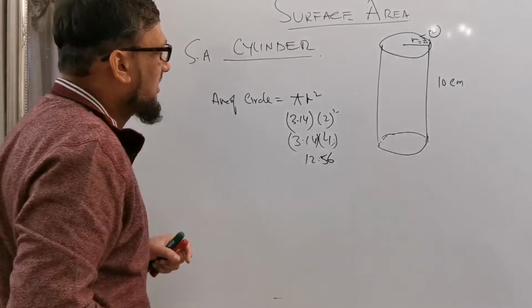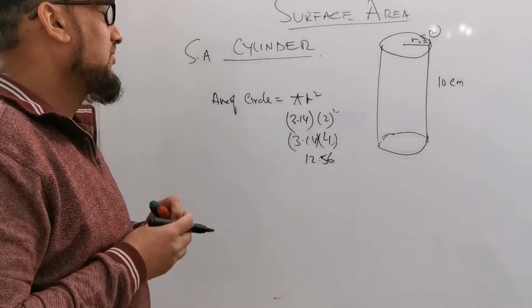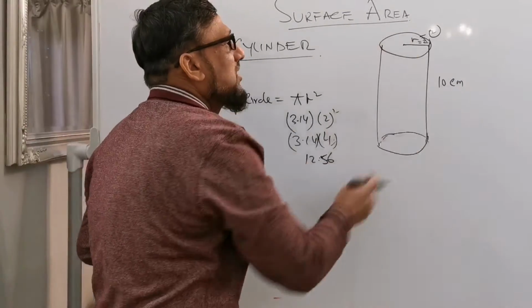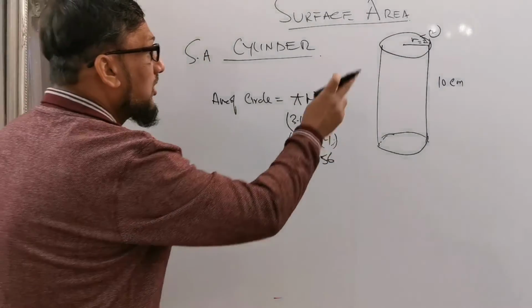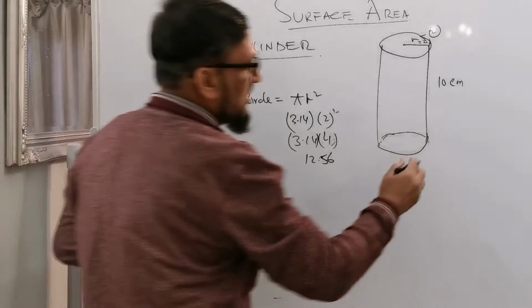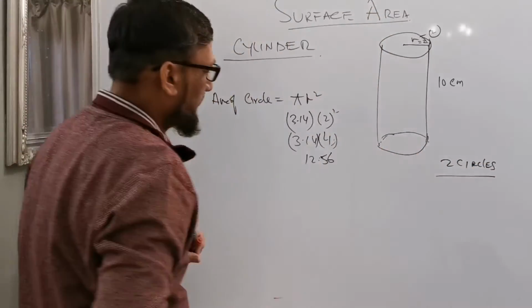So it means the area of circle is 12.56. How many circles are there? There are 2 circles in a cylinder.